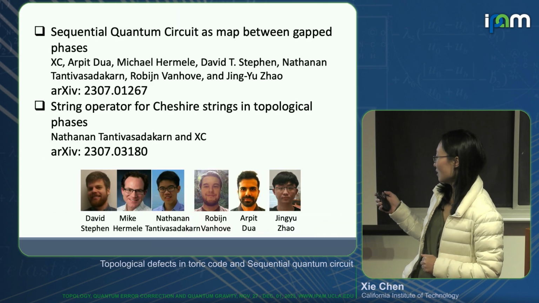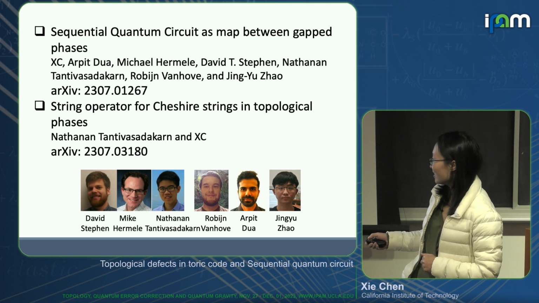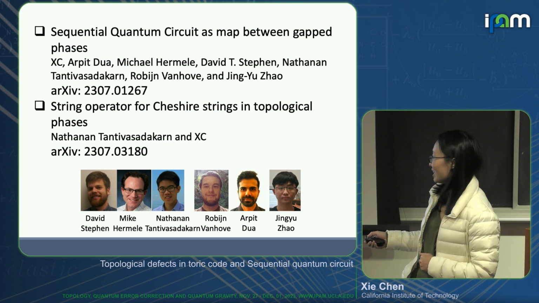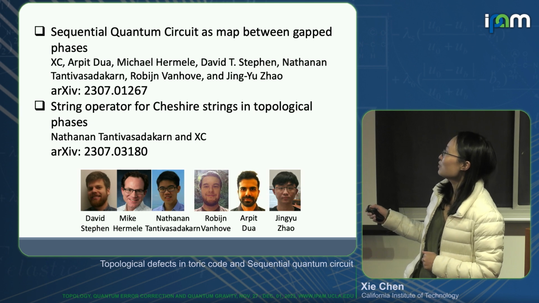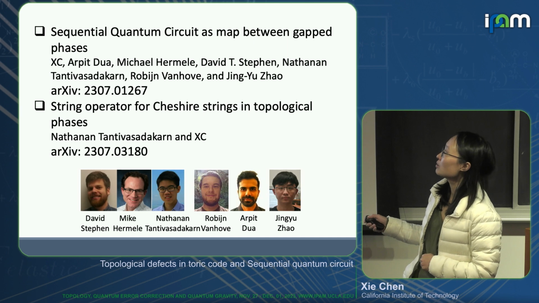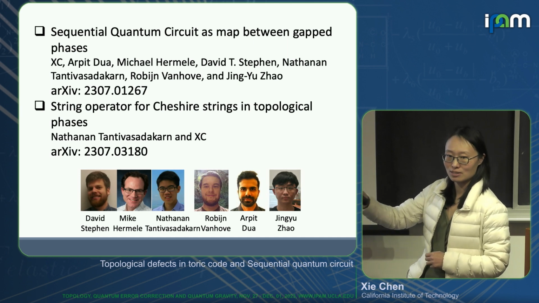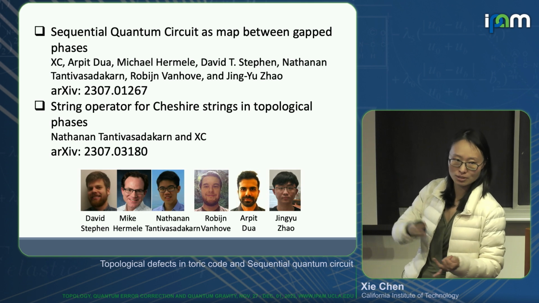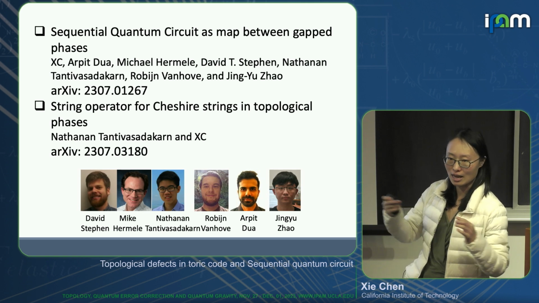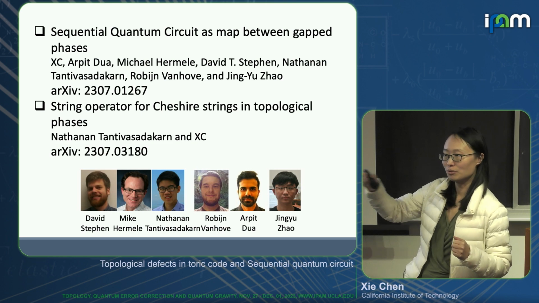So before I do all of that, let me acknowledge all my brilliant collaborators. Nat is here. And we have two papers already. One is about sequential quantum circuit as a way to map between gapped phases. So one-dimensional, two-dimensional, three-dimensional gapped phases, anything with a gap, we use sequential circuit to map between them.